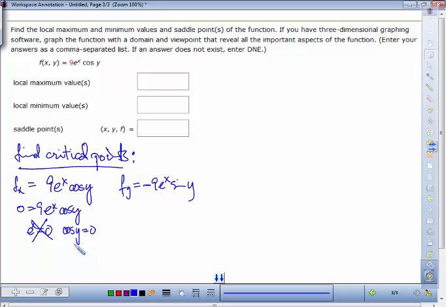Pi over 2, positive, negative, plus minus n pi or something like that. So we have a bunch of critical points here.